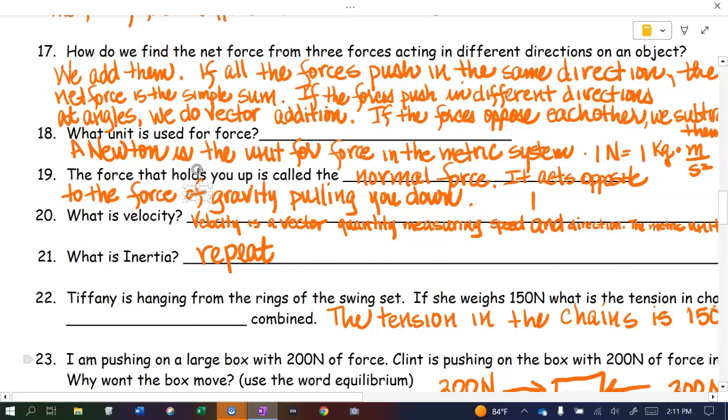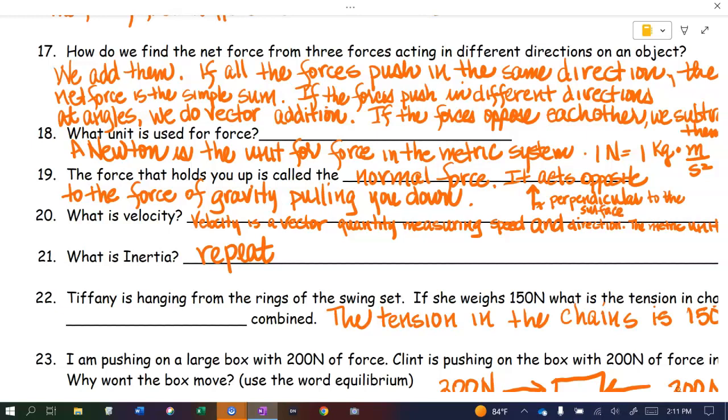So the normal force is up and perpendicular to the surface. And it's a force up.